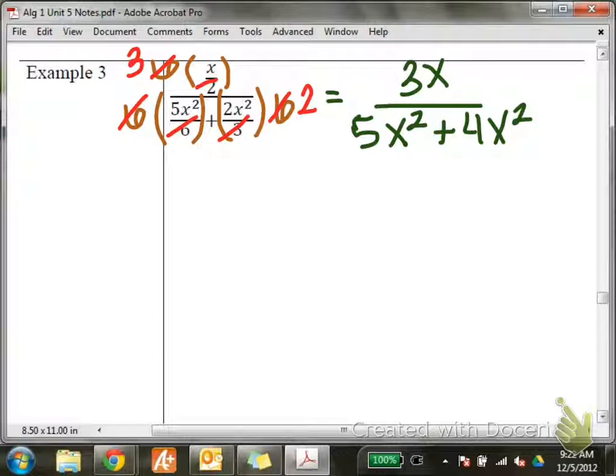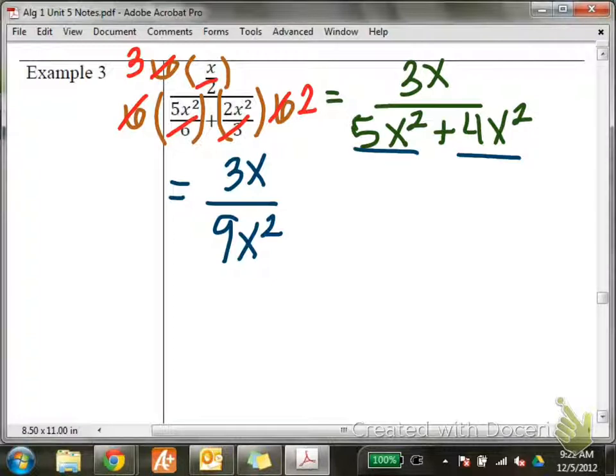Aren't those x squareds a GCF? Yeah, they could be a GCF, but if I have 5x squared plus 4x squared, can I combine those like terms? Yes. So that's going to give me 3x all over 9x squared. All I did was add 5x squared and 4x squared.